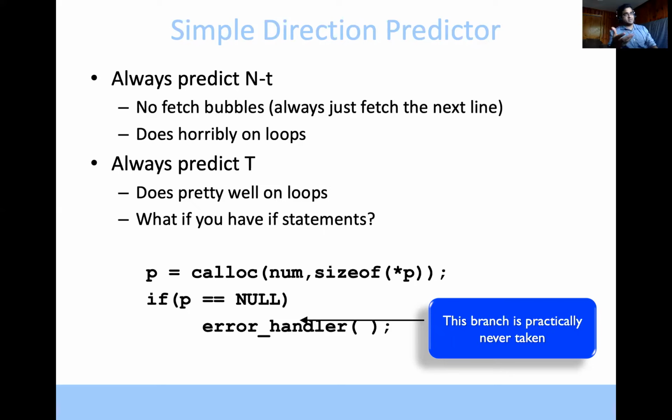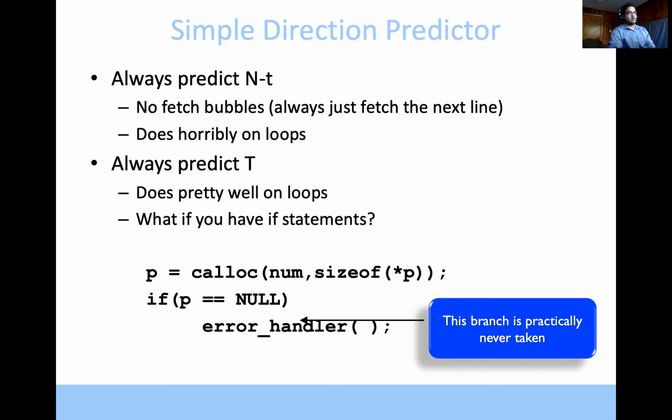Now you could do the inverse, which is predict taken always, and then you do really well on loops, but horribly on if statements. For example, if you have this piece of code here, p = calloc(num, sizeof(p)), and then you're doing a safety check. Did you actually get any memory? Usually under normal execution, that p is never going to be null.